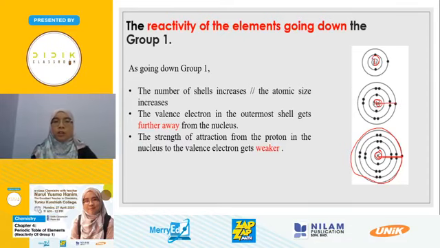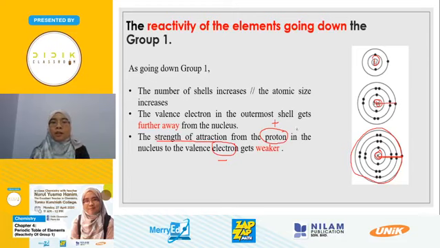And the strength of attraction from the protons in the nucleus to the valence electrons gets weaker. Proton is positively charged and located in the nucleus, and electron is negatively charged, and the valence electron is located at the outermost shell, and they have a strength of attraction.